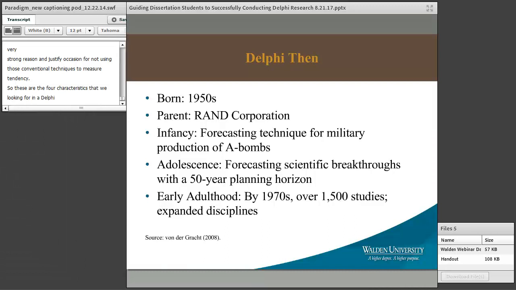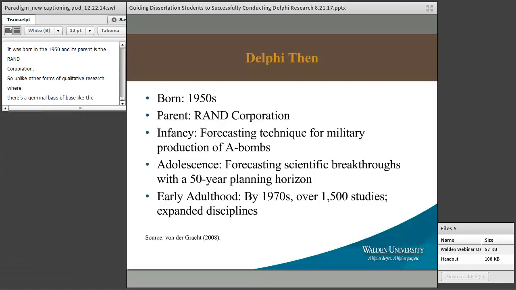Let's talk a little bit about the history of Delphi. So Delphi is a millennial, is a baby boomer. It was born in the 1950s, and its parent is the Rand Corporation. So unlike other forms of qualitative research where there's a germinal base of thought leaders like the Mustakises or the Heideggers and so on of the world, Delphi was born in a corporation.